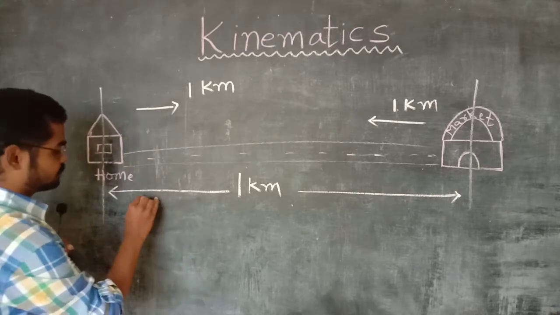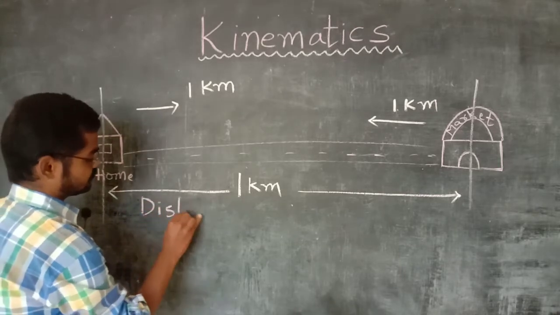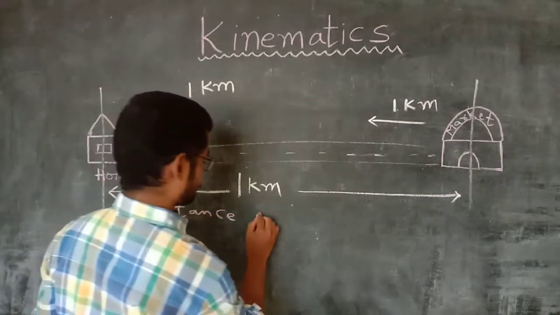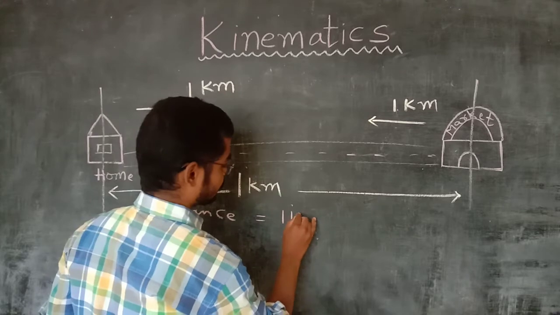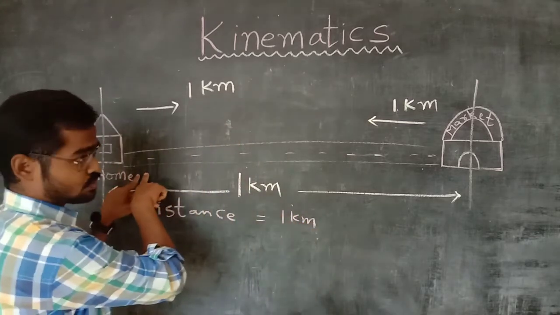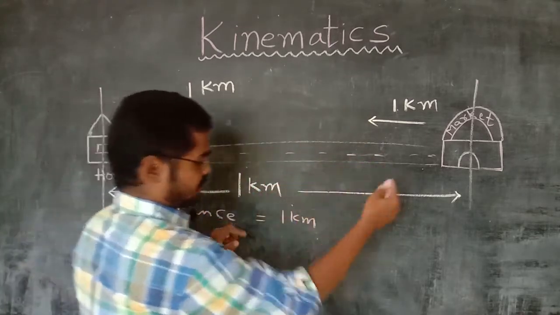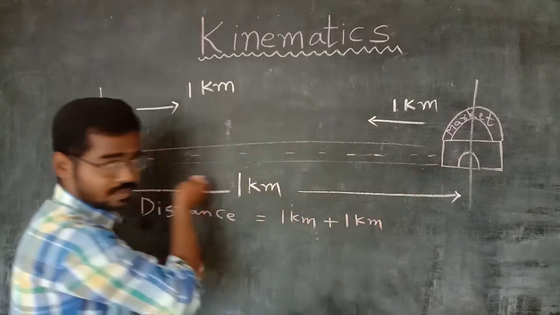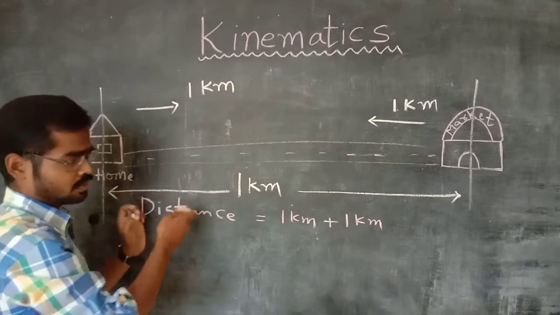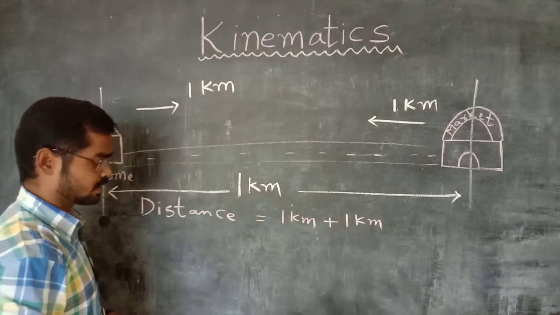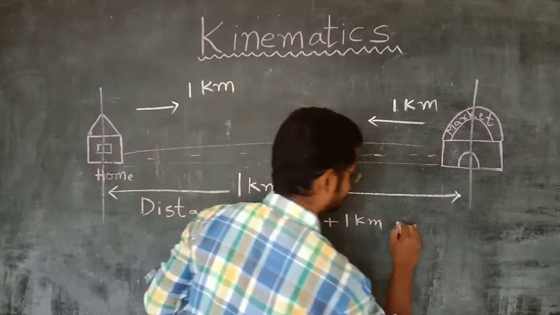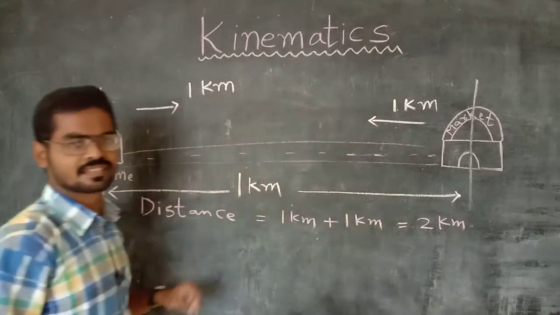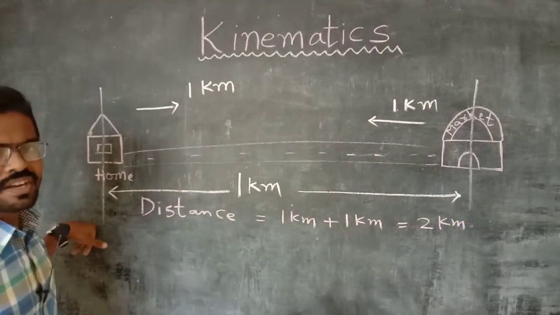Distance here is 1 kilometer while he is moving from his home to the market, and in the return he travels another 1 kilometer coming back from market to home. So the distance covered by the person is 2 kilometers. Very simple. Now another question is, what is displacement?